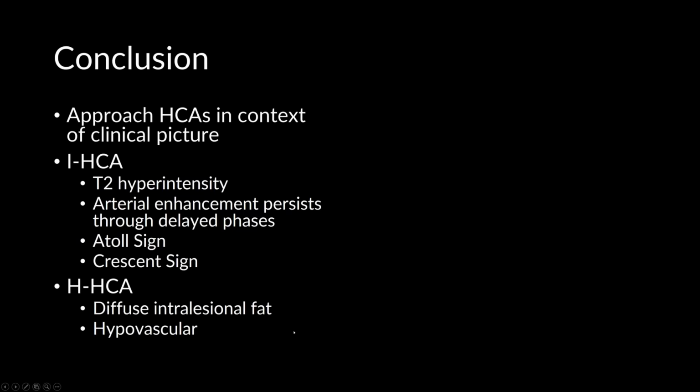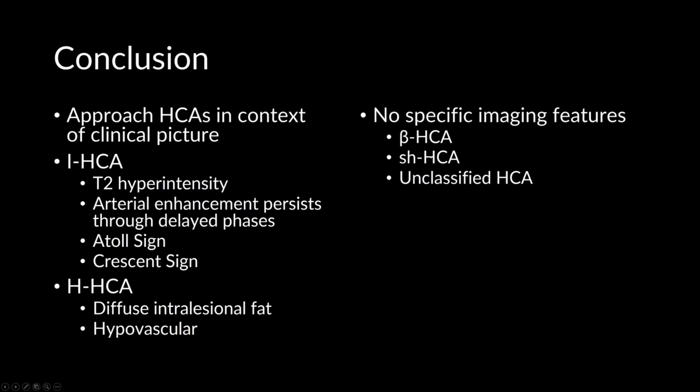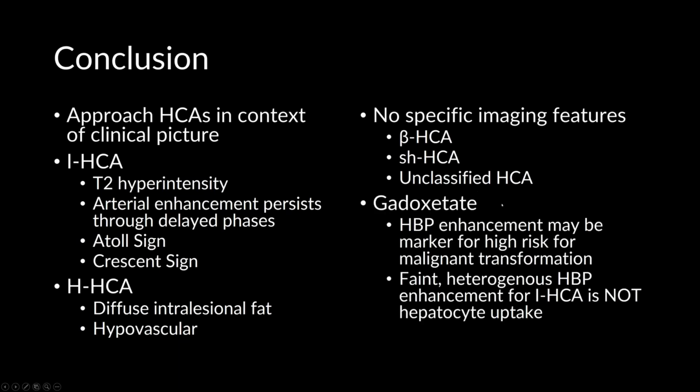They also have good prognoses. No specific imaging features are noted for the beta-catenins or the sonic hedgehogs or the unclassified adenomas at this time. And as far as gadoxetate, potentially it can be a marker for increased risk for malignant transformation, so it is still important to assess lesions with gadoxetate if that is available.